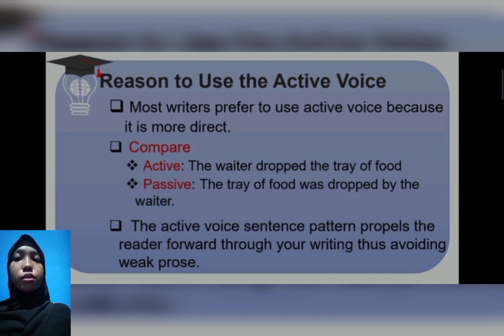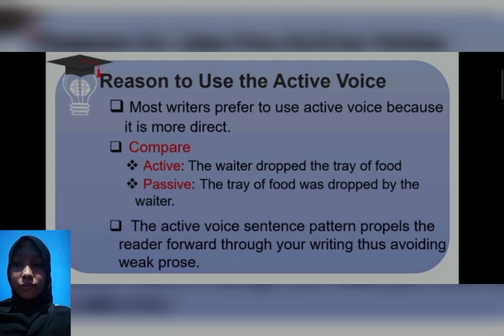Reason to use the active voice. Most readers prefer active voice because it's more direct. Compare active: The waiter dropped the tray of wood.